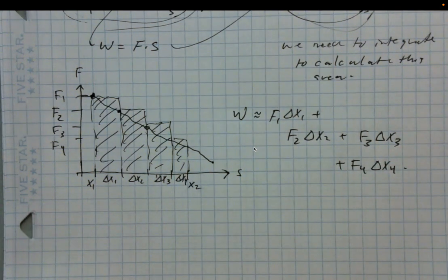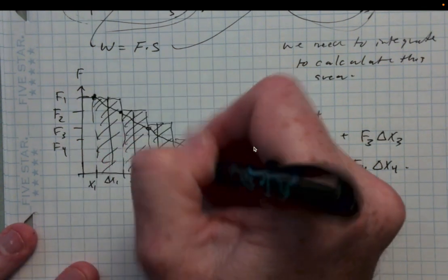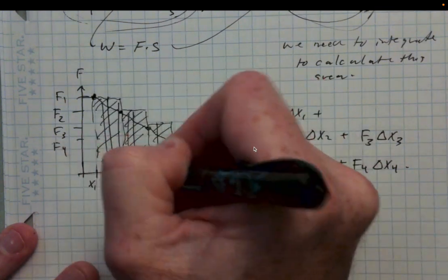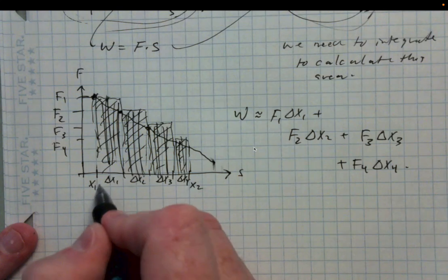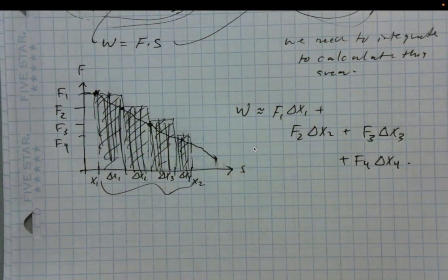But of course, this is a pretty crude approximation, so to make the approximation better I would make the partition finer, and then finer again, and then finer again, until the width of the representative rectangles is arbitrarily small.